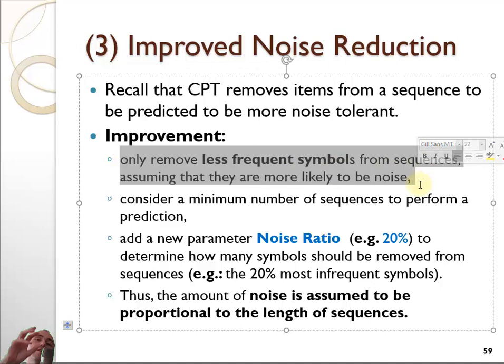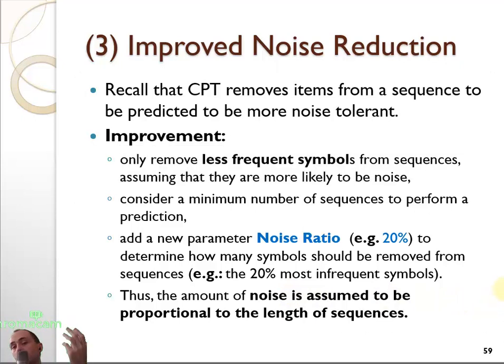So if we have the sequence A, B, C, D, and D is not really frequent, doesn't appear really often, we'll try to remove the symbols that are the least frequent first. We find that this usually gives better prediction, because if a symbol doesn't appear so often, we can think that maybe it is some noise, so we don't need to keep it.